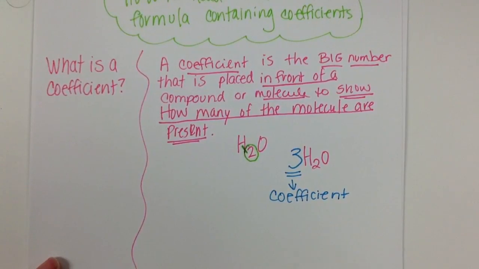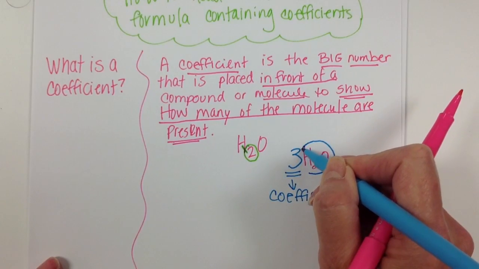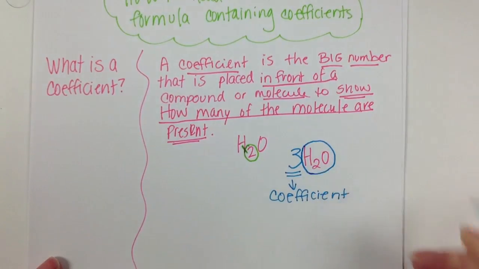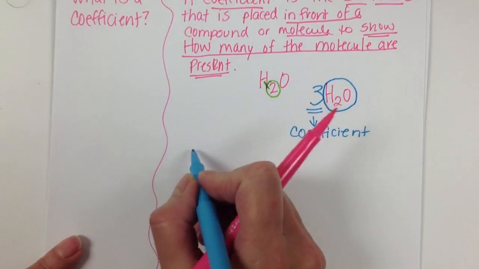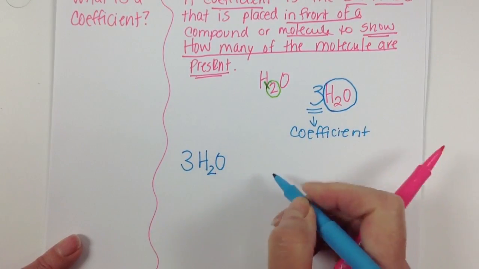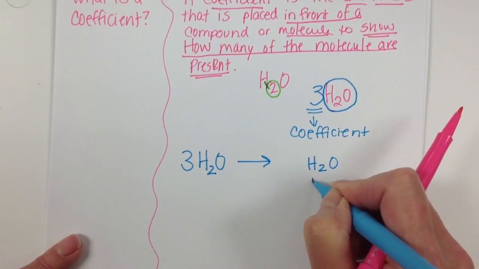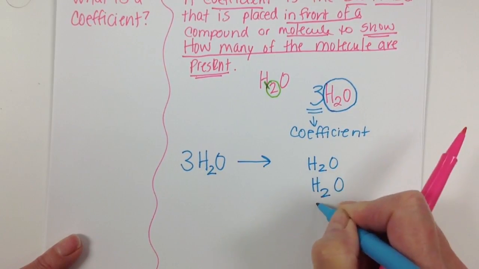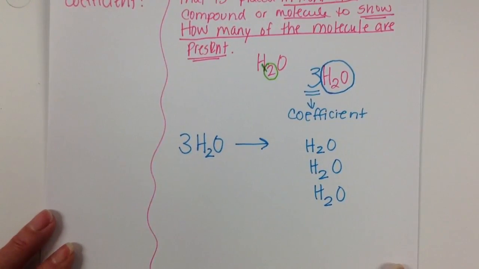So what does it mean? It means you have 3 H2O molecules. Not just one of them, you have 3 of them. So let's think about this. This would literally mean you've got H2O 3 times. That's exactly what it means.